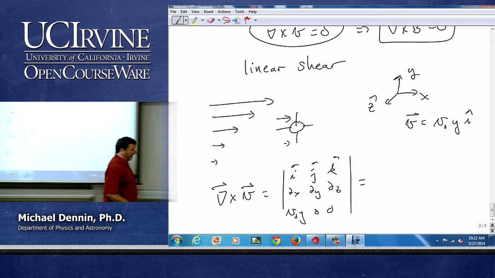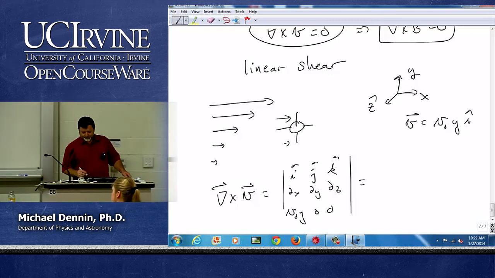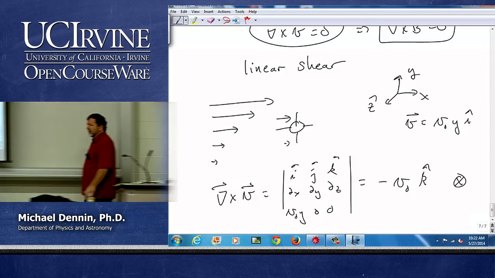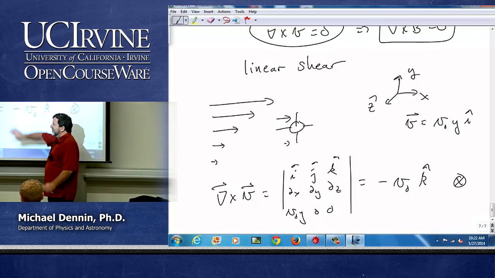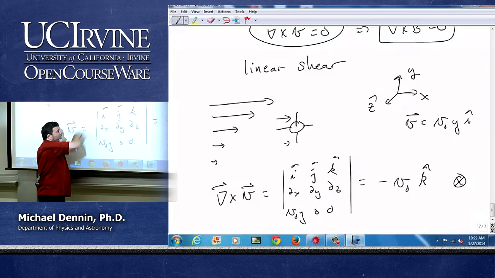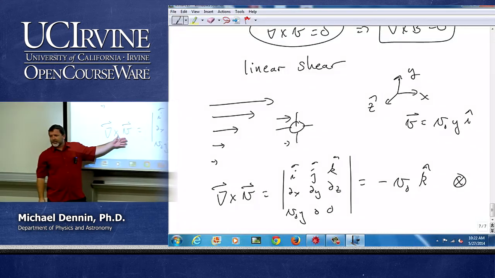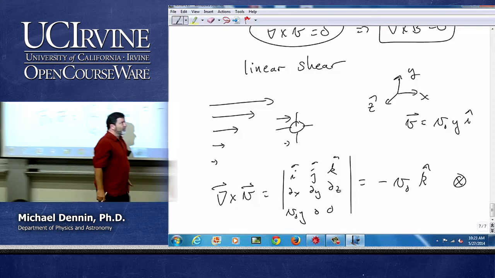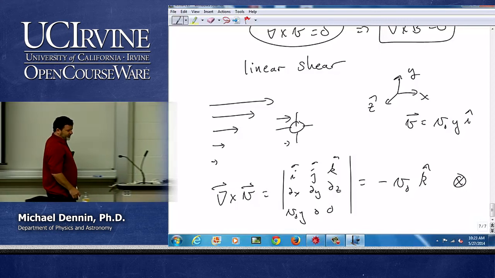So I'm going to get a negative k hat v naught. So my curl is into the board. Which way does my rotor spin in this case? Into the board, right? If I use my right-hand rule, the top's going to spin more, my thumb goes into the board. So the curl really is related to the rotation direction of this object in the fluid. So that really is a deep physics connection there.